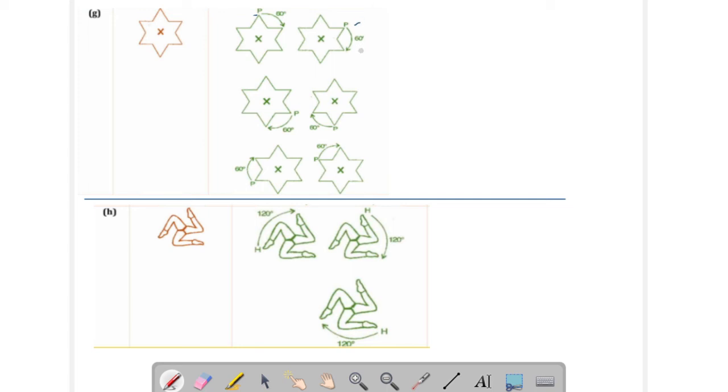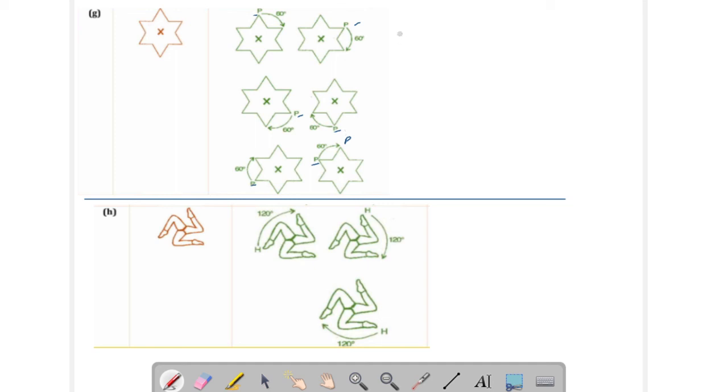If you rotate again at 60 degrees, P will come at this point. Again rotating by 60 degrees, P will come at each next point, until it comes to its original position.